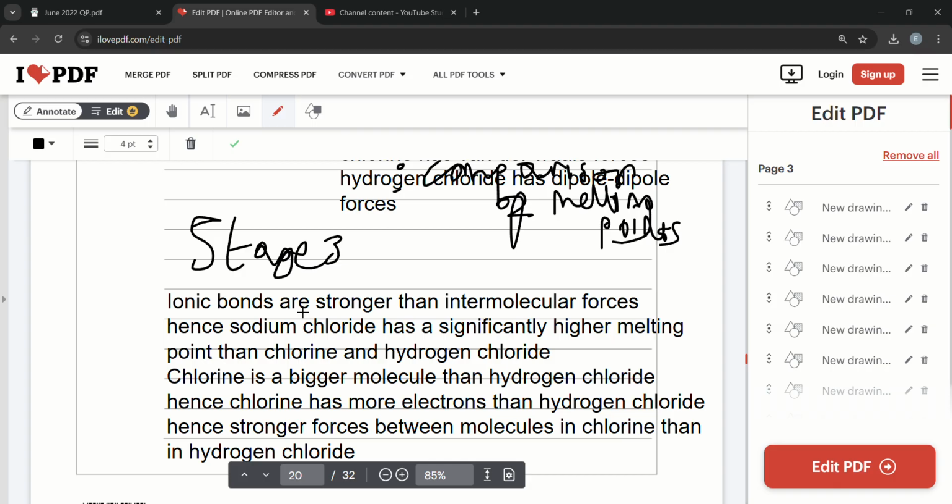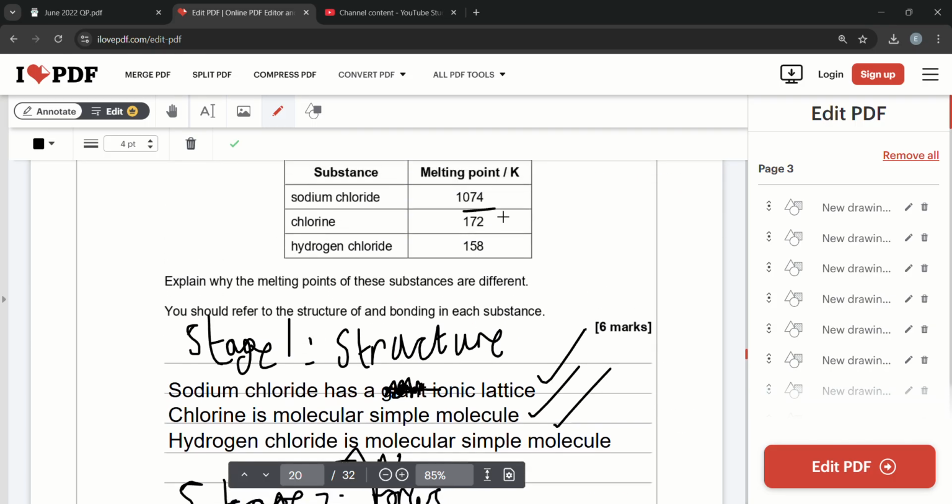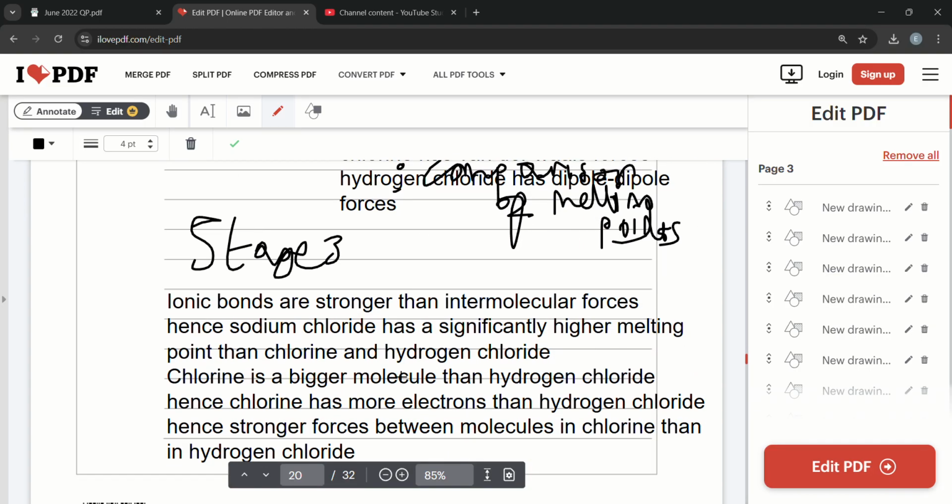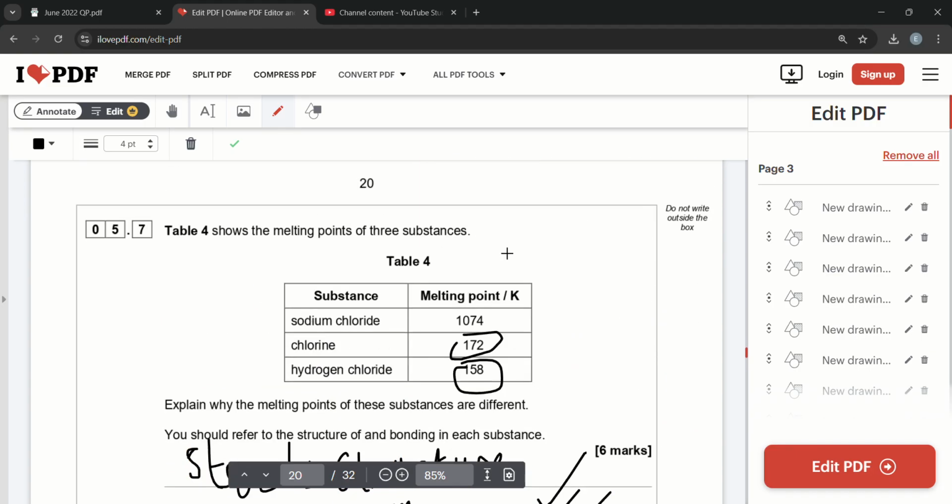And now comparing chlorine and hydrogen chloride, why does chlorine have a slightly higher melting point than hydrogen chloride? Well, chlorine is a bigger molecule. HCl versus Cl2.